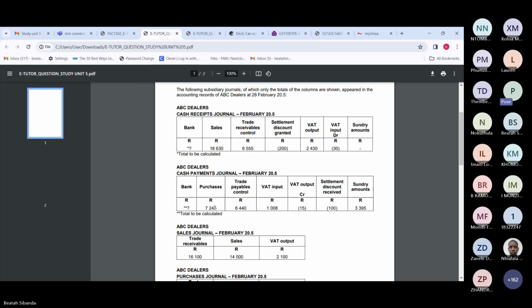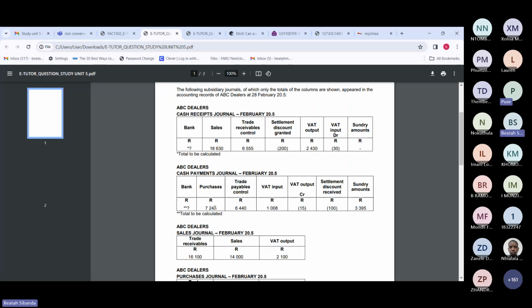Sorry, ma'am, can you hear me? Yes, I can hear you. I'm a little bit disturbed about the balance of the VAT input, because on the purchases it's 7,245, but the VAT input amount does not correspond to what we have on the purchases. So I want to understand what happened with the amount for the VAT input for purchases.